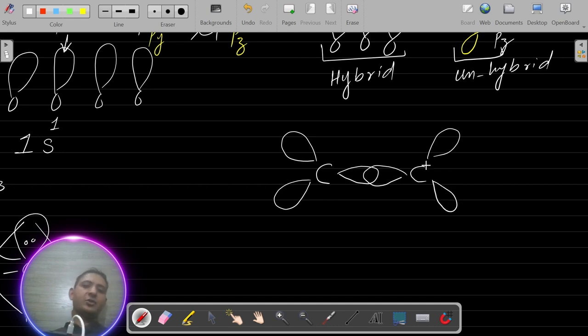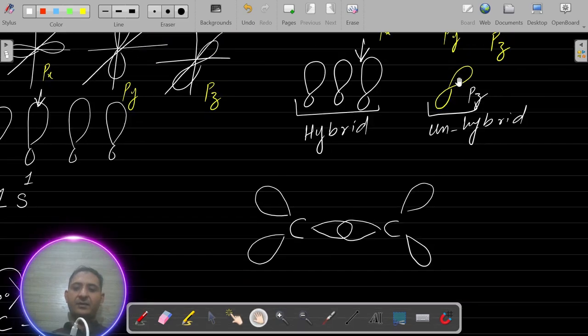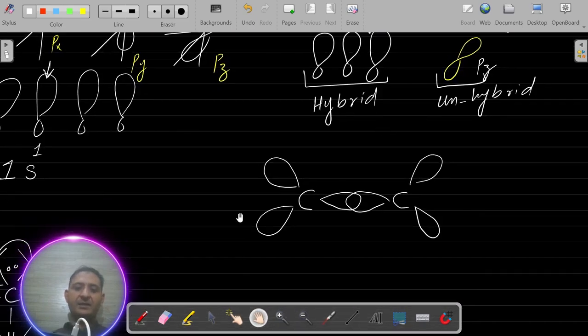I have another carbon with hybrid number 1, hybrid number 2, and hybrid number 3. Still, on each carbon there is one unhybrid pz orbital. I am drawing this pz here with this yellow color, and it is unhybrid.